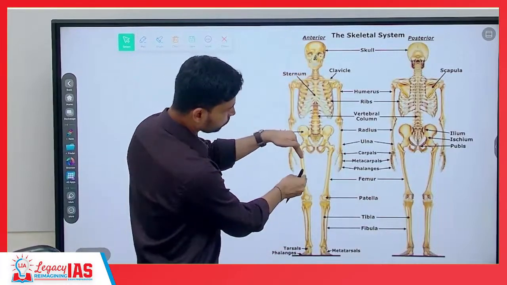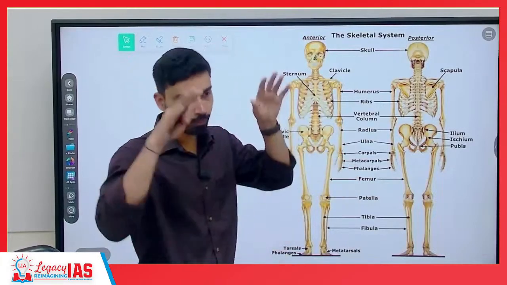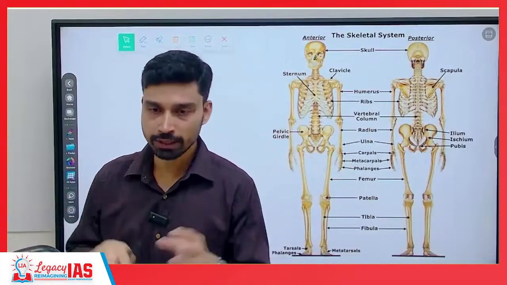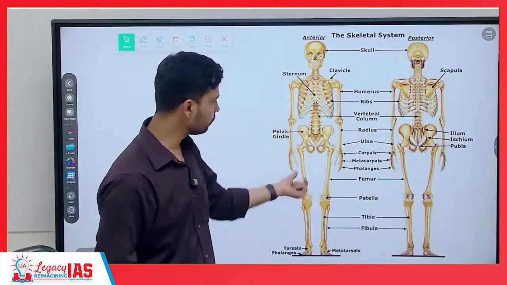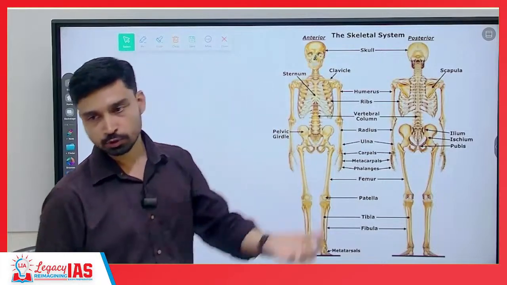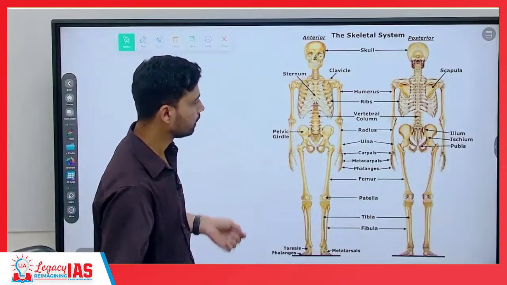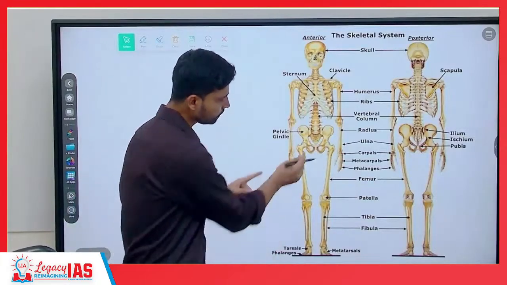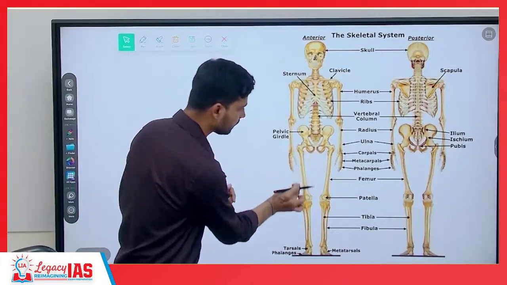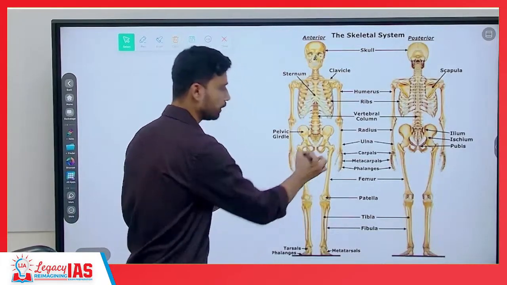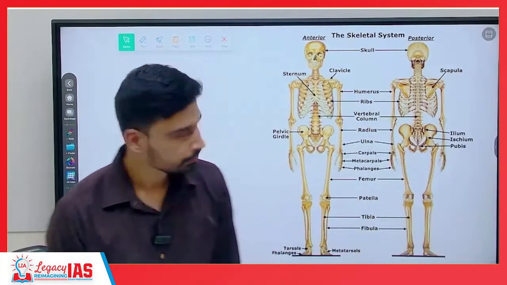Otherwise, if the femur was outwardly situated, it would have a probability of breaking down if the weight suddenly increases, or if someone is jumping like that. So this supports proper distribution of the weight from the upper body to the lower body. This is the attachment side we have discussed. You can see the pelvic girdle is there. This is the femur coming from here, and it is like this. This angle that you measure is 120 degrees.